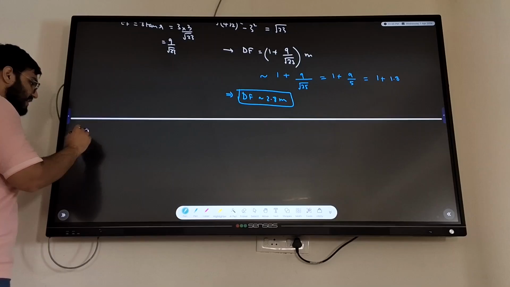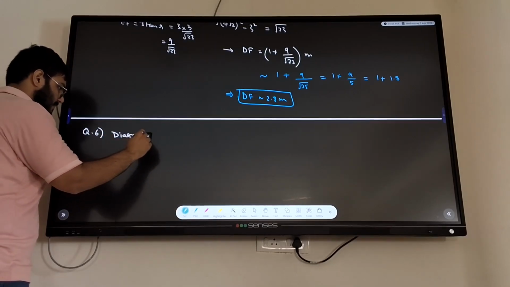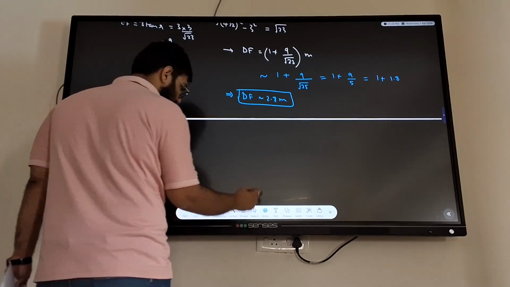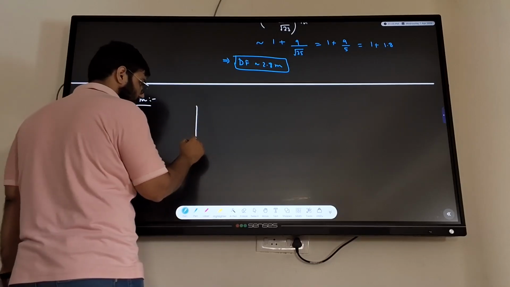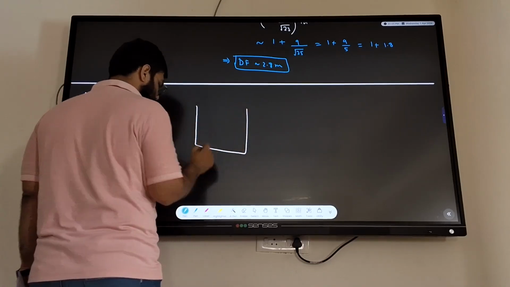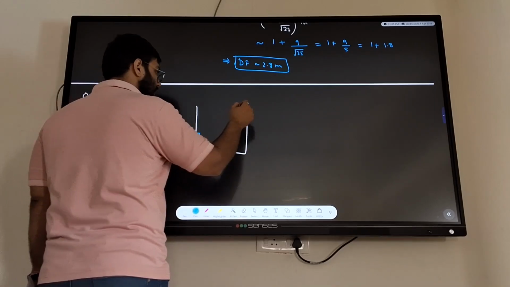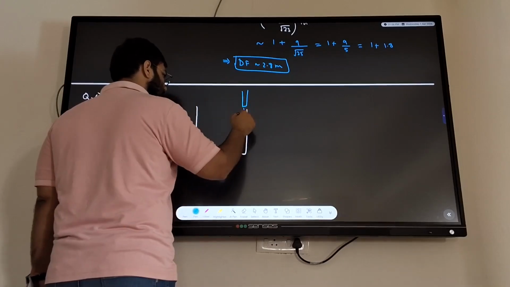The diagram of question number 6 is something like this. I think the beaker is mentioned here. You have a rod here, and the person can look into this.